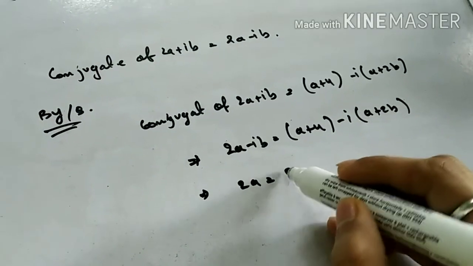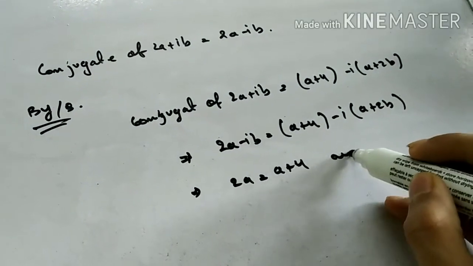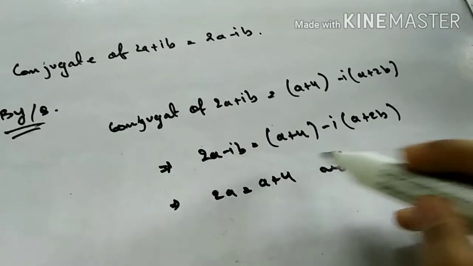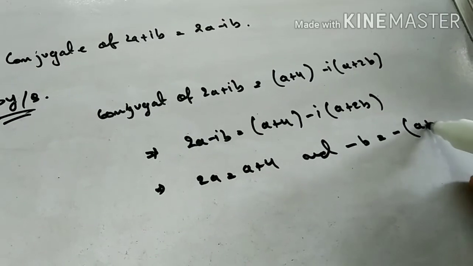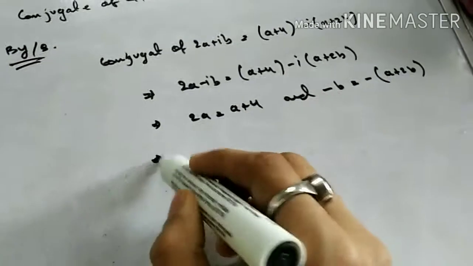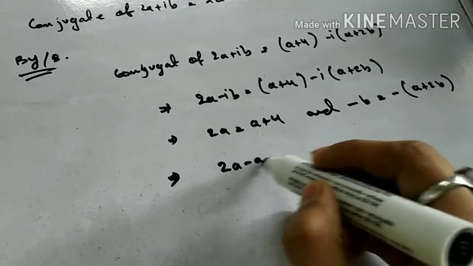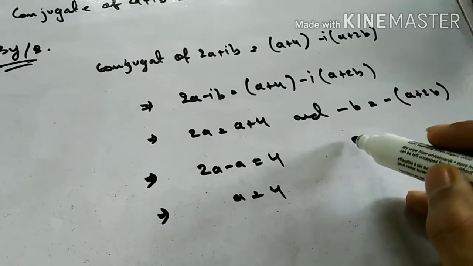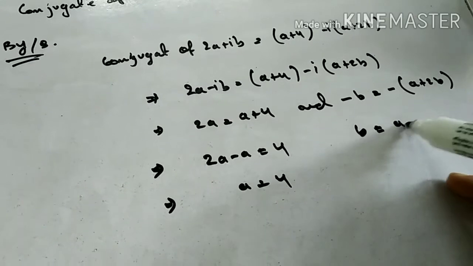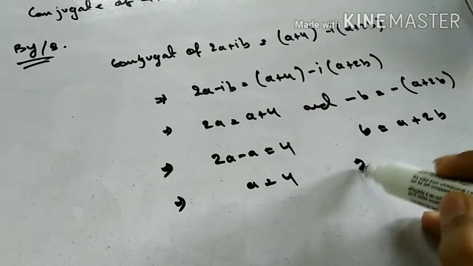Equate the real part and the imaginary part. This gives me 2a minus a is equal to 4, so a is equal to 4, and minus b is equal to a plus 2b.